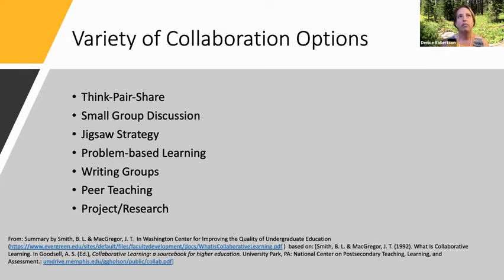And then finally, one that I think is probably the most common thought of when you think of collaborative learning, and that's some type of group project or research project, something that sounds really big and overwhelming. And the reality is that any of these can be done within the context of just a few class periods. It doesn't always have to be a big giant project.